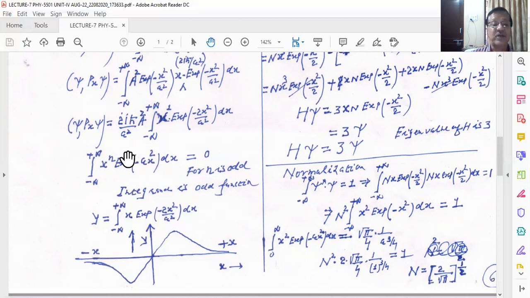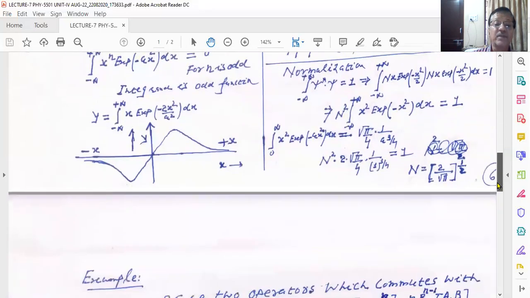right? Because your n is odd. N is odd, so the integrand is an odd function, so this integration is zero. There is a constant factor multiplied by zero, so the product which is asked in this problem is zero.